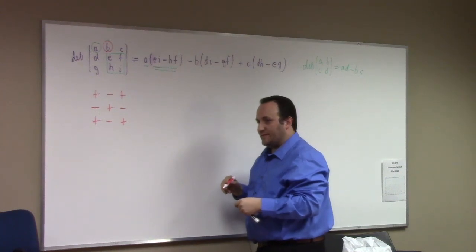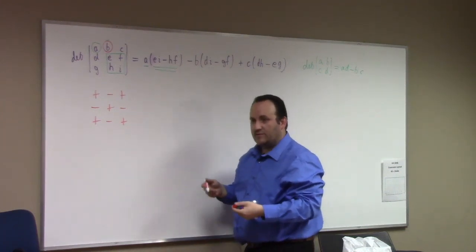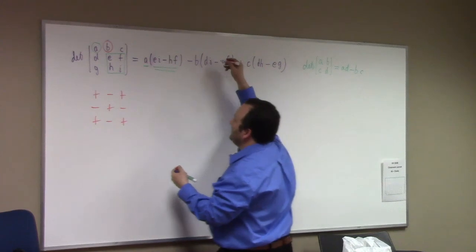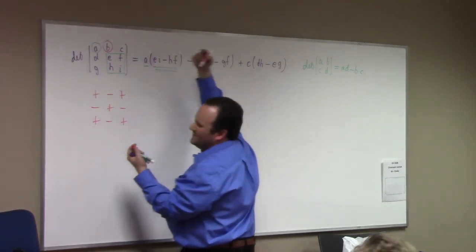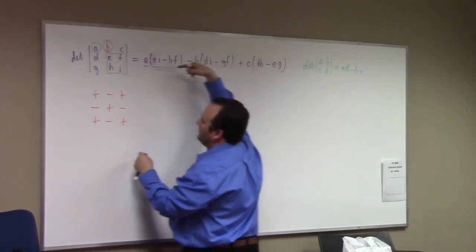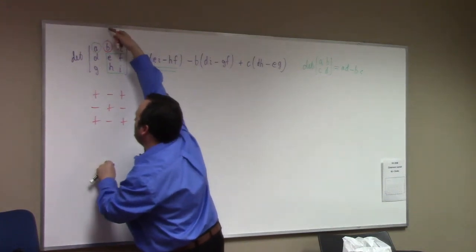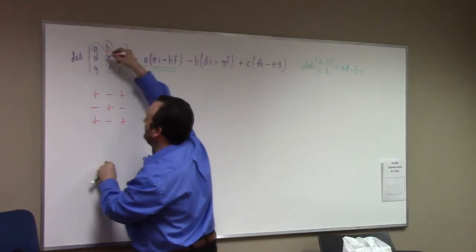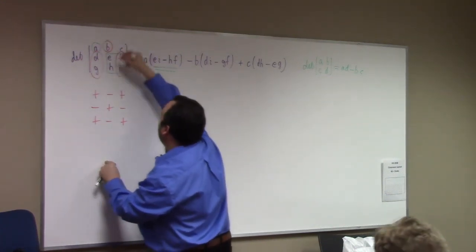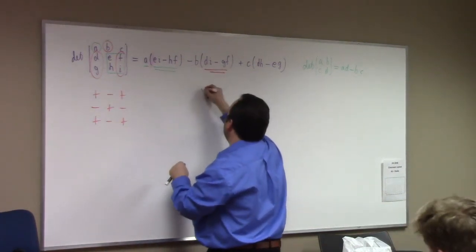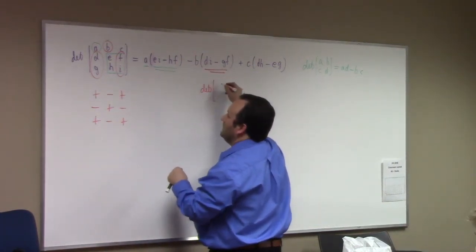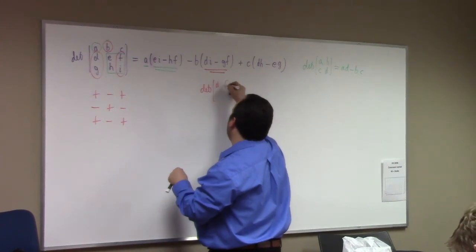You're like, could you explain that? If we had a week, sure. But we don't, and it's beside the point. We just need this formula here for our purposes. So you cross out the second column and first row. What's left is these guys. So this right here is the determinant of D, F, G, I.